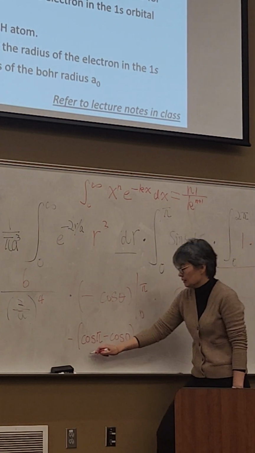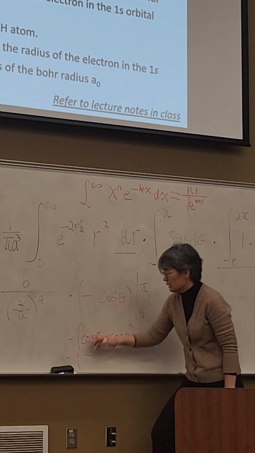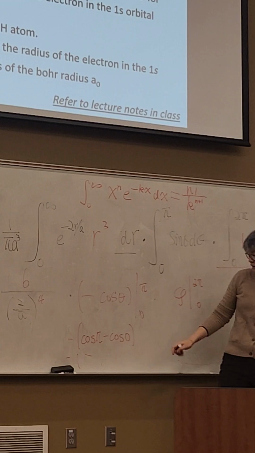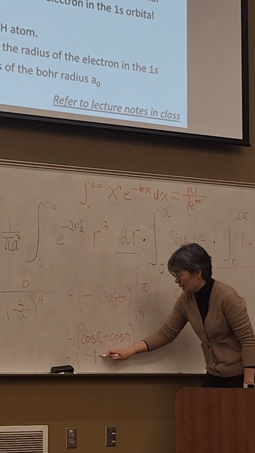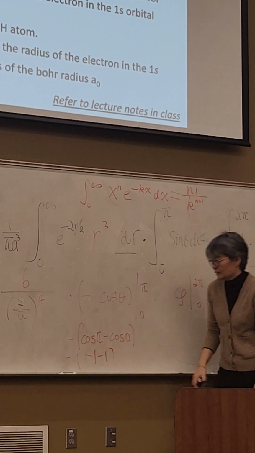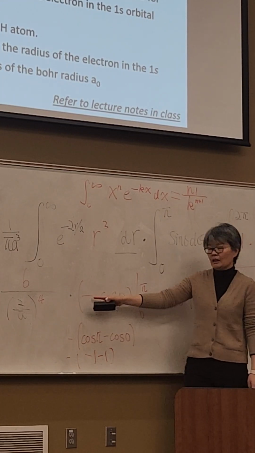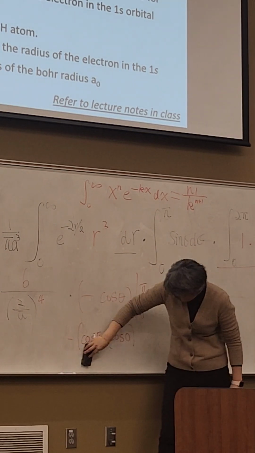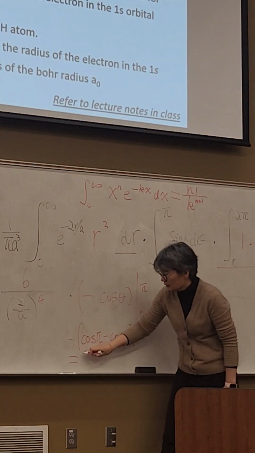Negative 1. Of course, I need to still carry that negative sign coming from out of the integral. Okay, so the negative 1 minus 1. So what do we have? Negative 2. You have a negative sign right here. What do you have out of the integration for that cosine? 2.